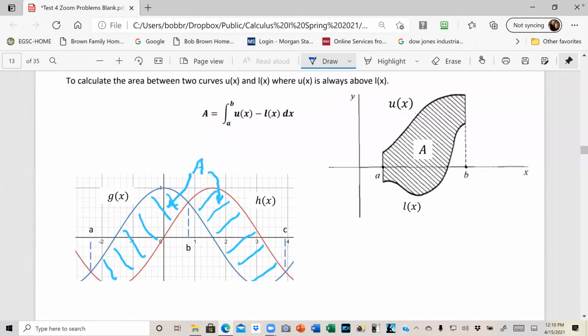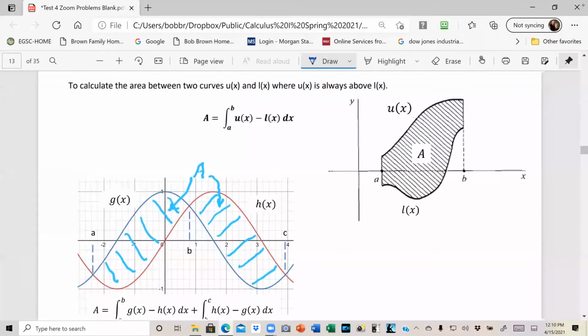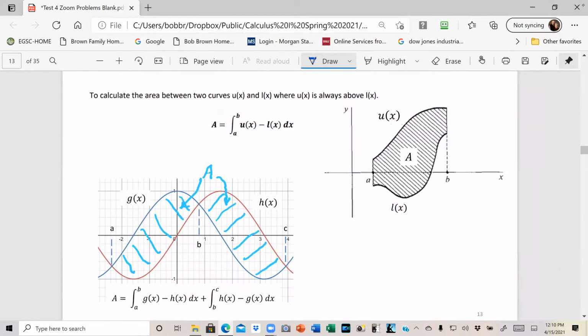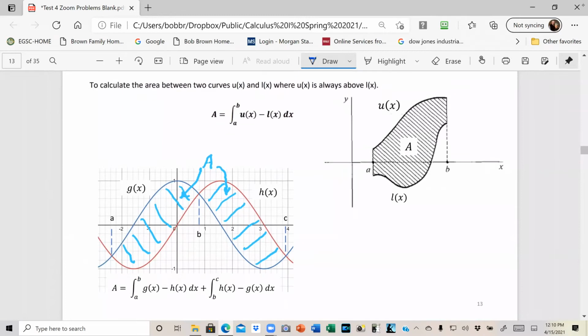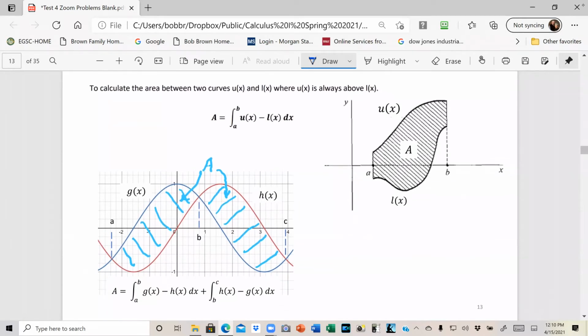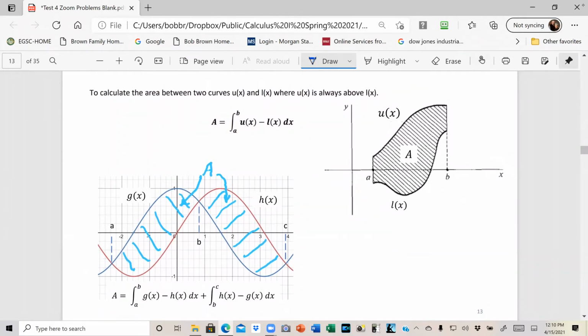Now looking at some more concepts about calculating integrals, we've got two examples here. Over here, I have two functions, a u of x called the upper function, and an L of x I'd call the lower function.